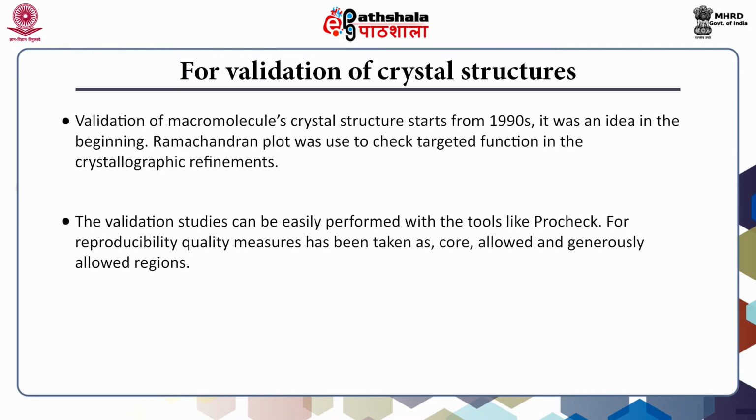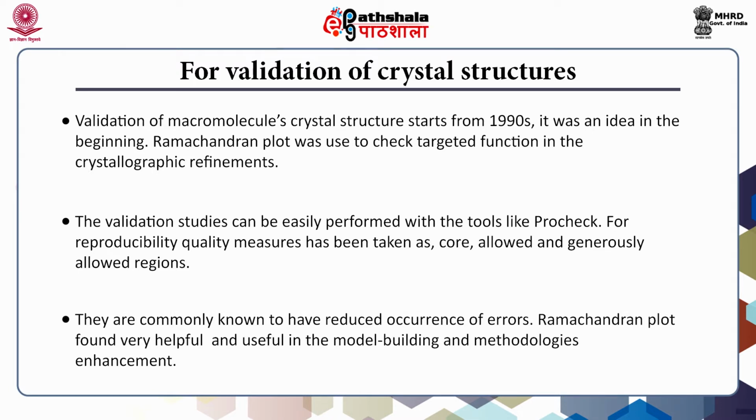The validation studies can be easily performed with tools like ProCheck. For reproducibility, quality measures have been taken as core, allowed and generously allowed regions. They are commonly known to have reduced occurrence of errors. The Ramachandran plot is found very helpful and useful in model building and methodology enhancement.